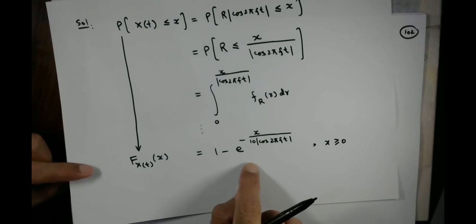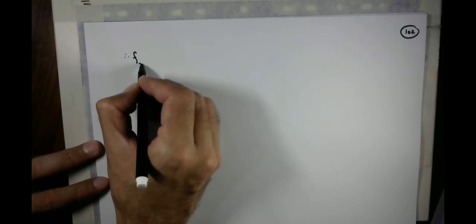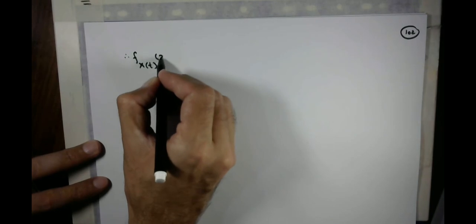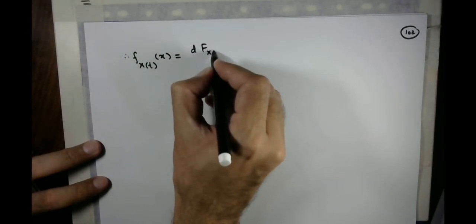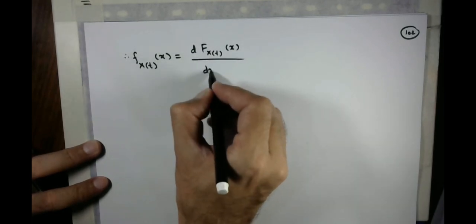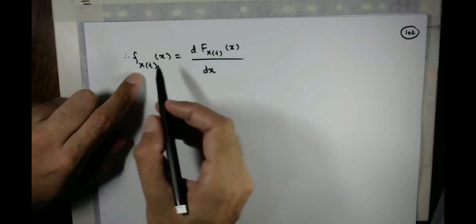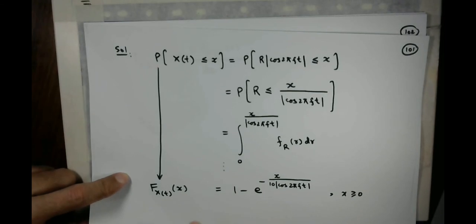Now that the CDF of the process is understood, we can always differentiate it and find the PDF. And therefore, the PDF of the process x of t is nothing but d f sub x of t of x over dx.